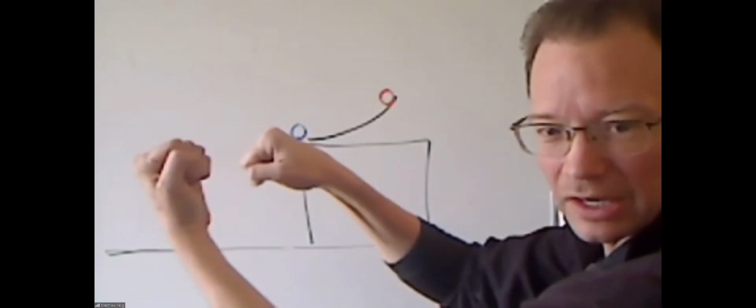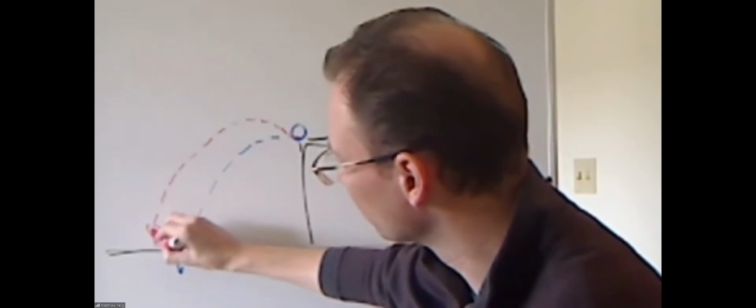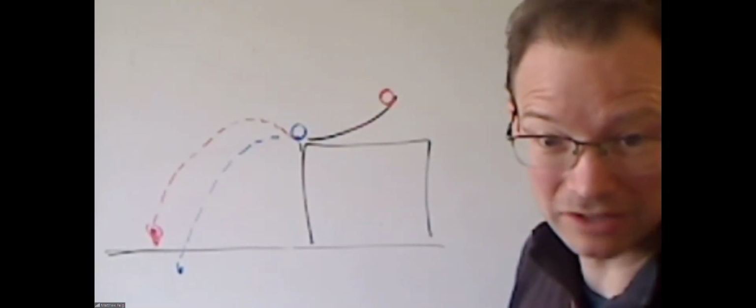It was not a perfectly straight 1D collision. These guys were offset a little bit this way. So when they collided, they not only headed leftward, they also kind of spread out. Maybe the blue marble kicked towards us a bit, and the red marble kicked away from us a bit. So this is the side view. And these guys would kind of fly outward. Maybe this guy would fly outward and hit here on the floor, and the red guy would fly outward and hit somewhere else on the floor. And we could record the impact locations.